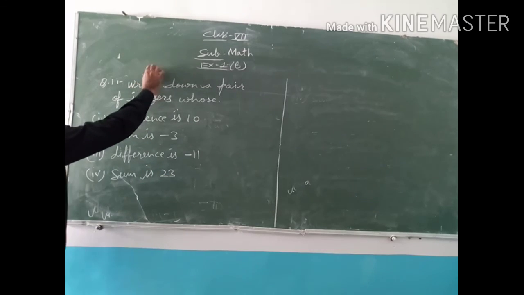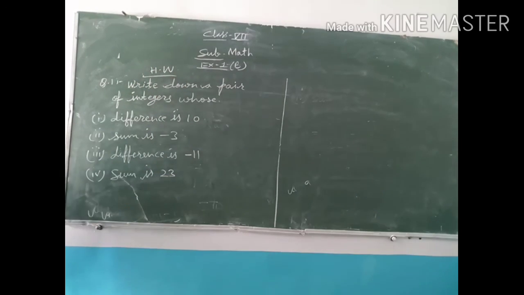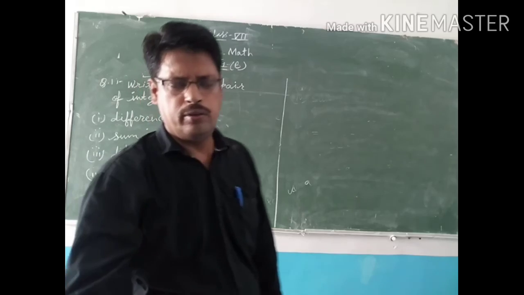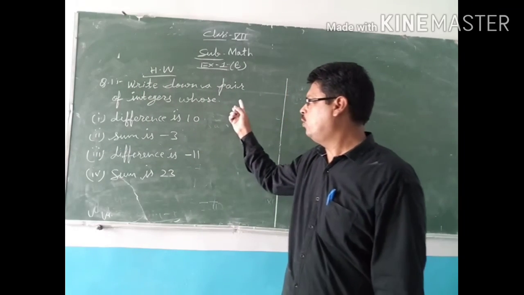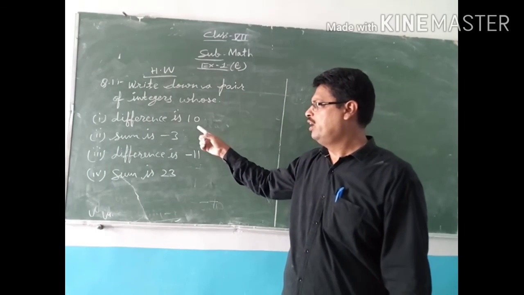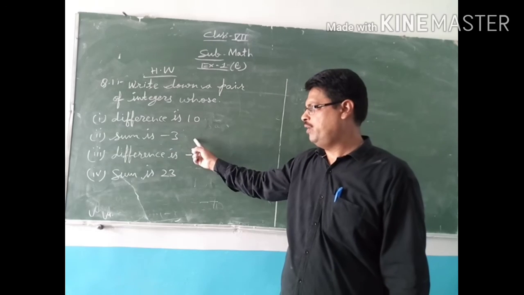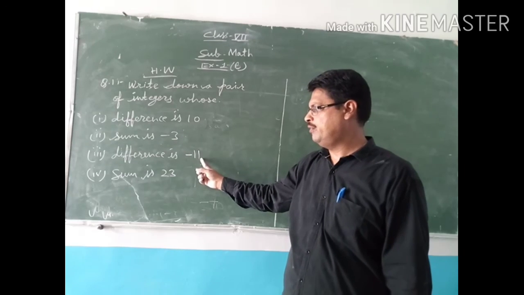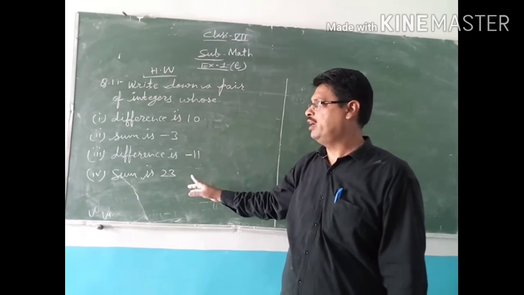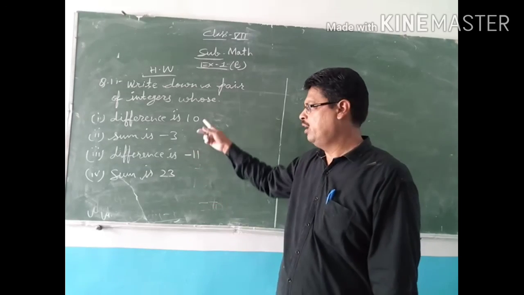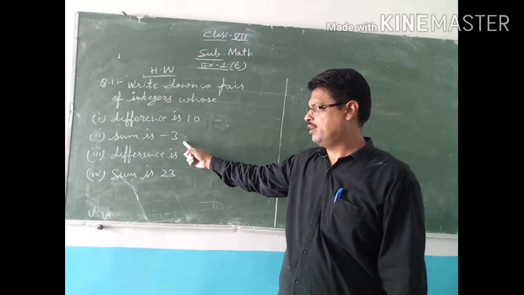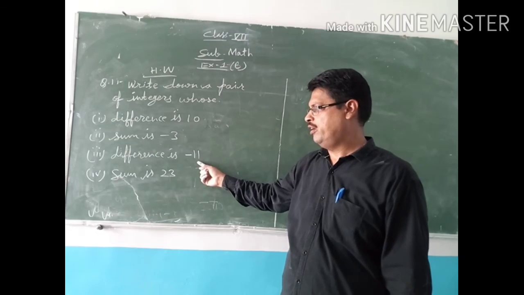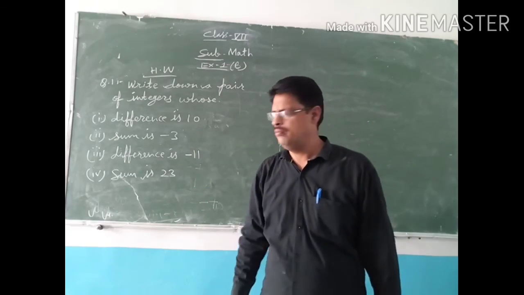So this is your homework, to solve this question. यानी वो दो इंटीजर बताने हैं जिसका डिफरेंस 10 है, जिसका सम -3 है, जिसका डिफरेंस -11 है और जिसका सम 23.